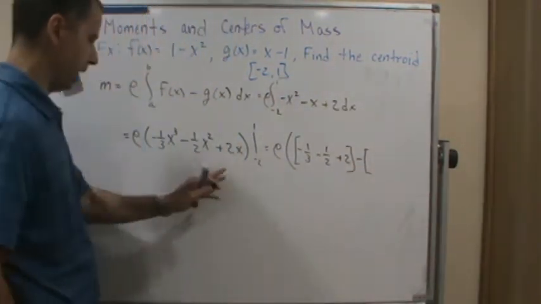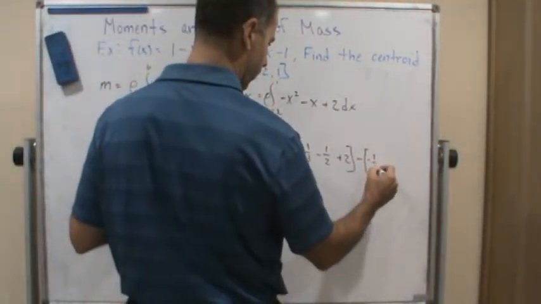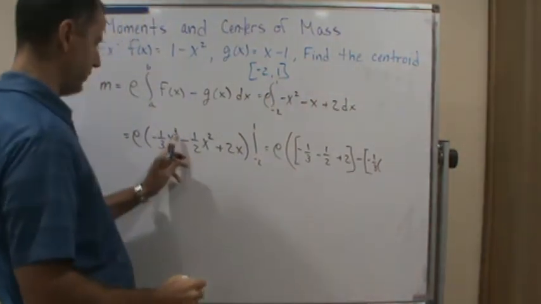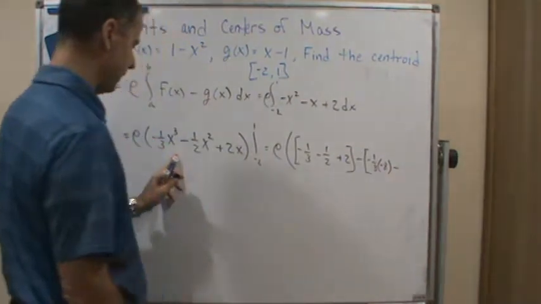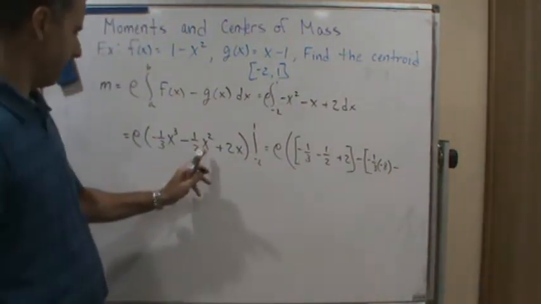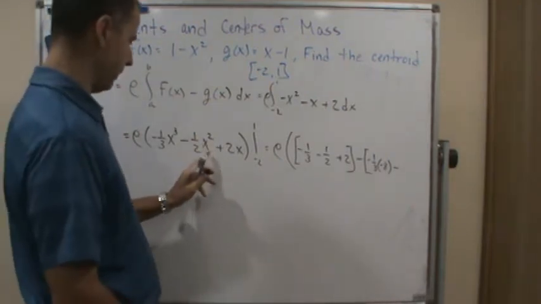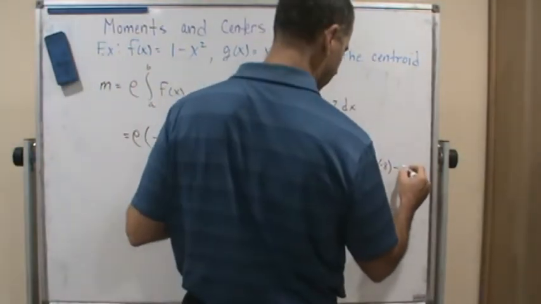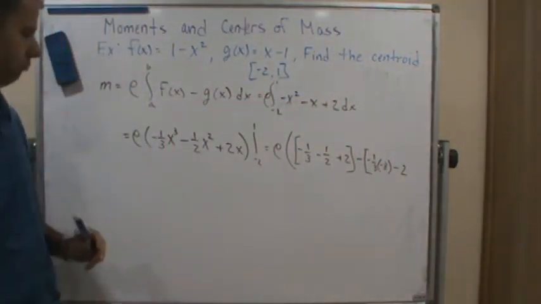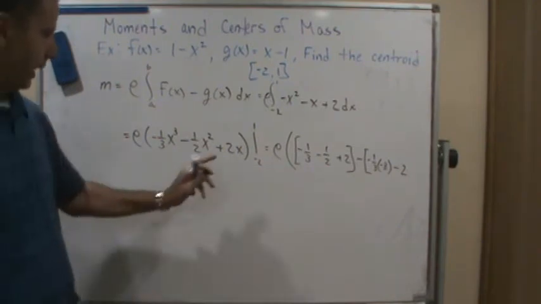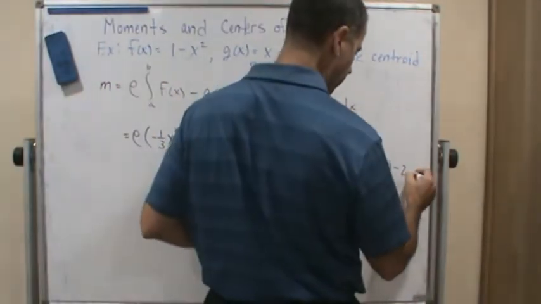Minus, now we're going to evaluate everything at -2. So this will become negative 1/3 times -2 cubed, which is -8, minus 1/2 times -2 squared, which is going to be positive 4. So this is going to be minus 2, right? Because we get 4 divided by 2. Okay, and then this is going to be 2 times -2, which is a minus 4.